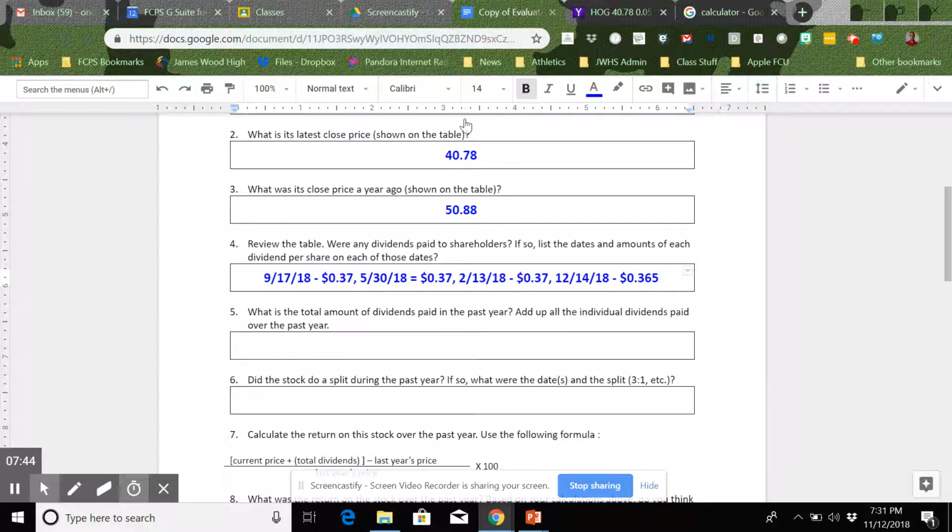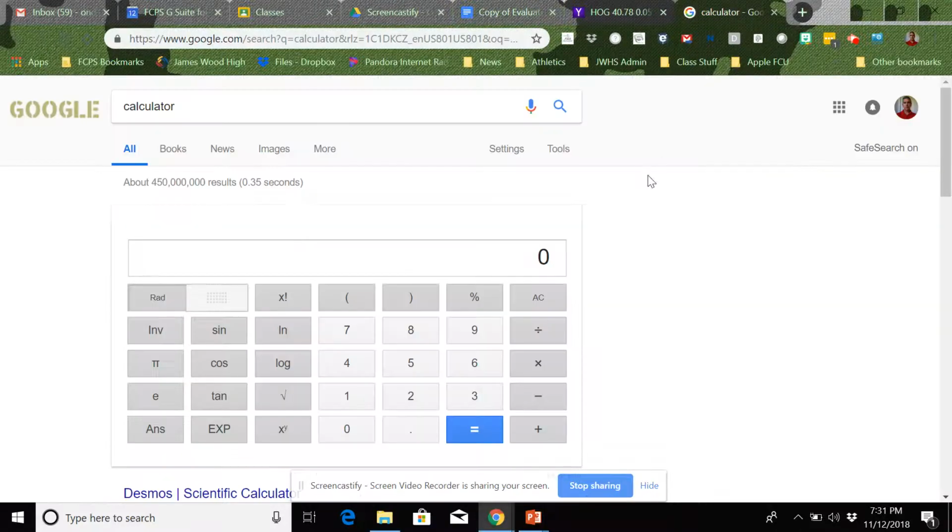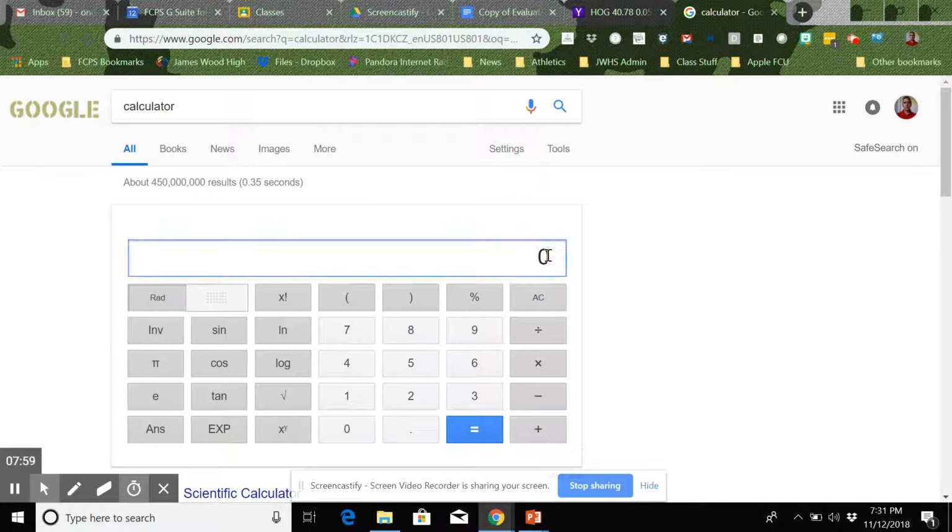So if I add those up, let me get my calculator out here. I got one pulled up. We got to go 0.37 plus 0.37 plus 0.37 plus 0.365 equals, it made $1.475.